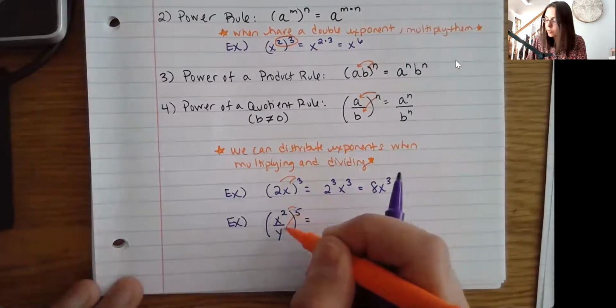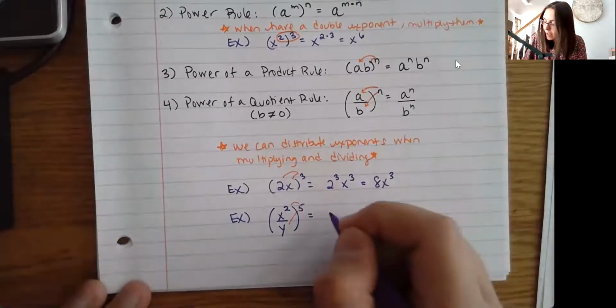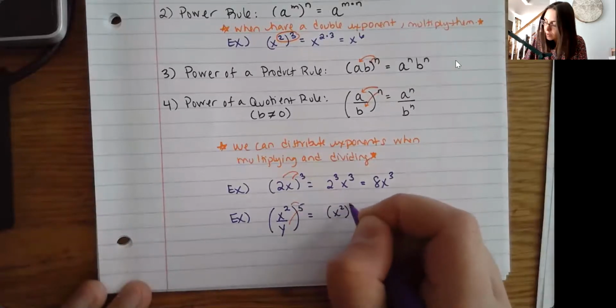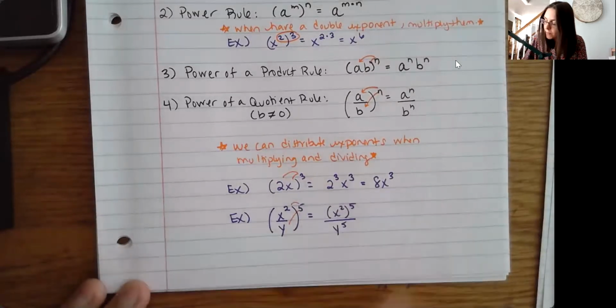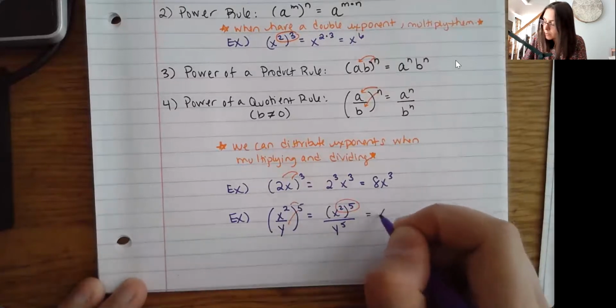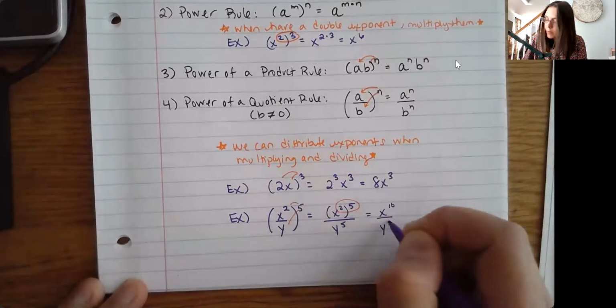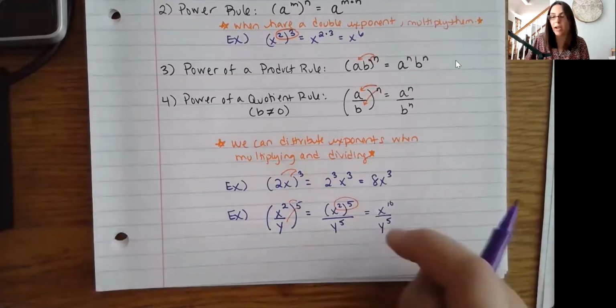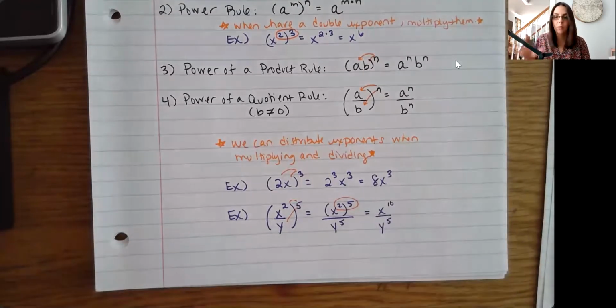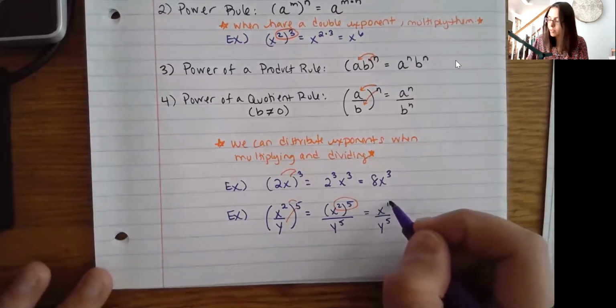Again, I can distribute that in, so I have x squared to the fifth over y to the fifth. And within here, I can also apply that other rule and multiply those exponents. We are done. I can't combine these or anything because I have different bases. If I have different bases, I do have to stop here. So there's my example.